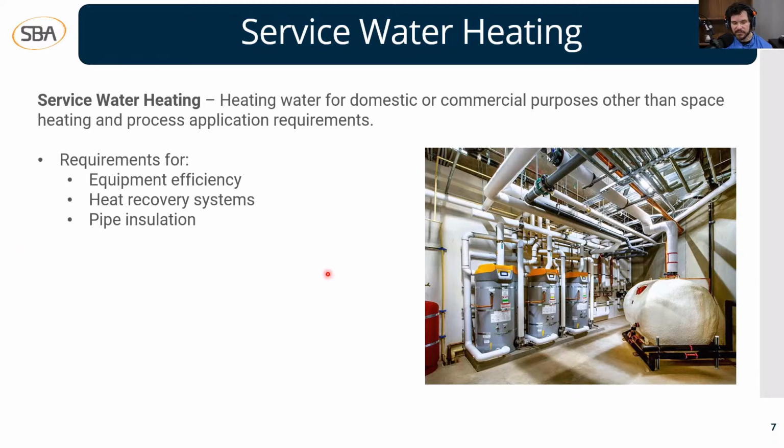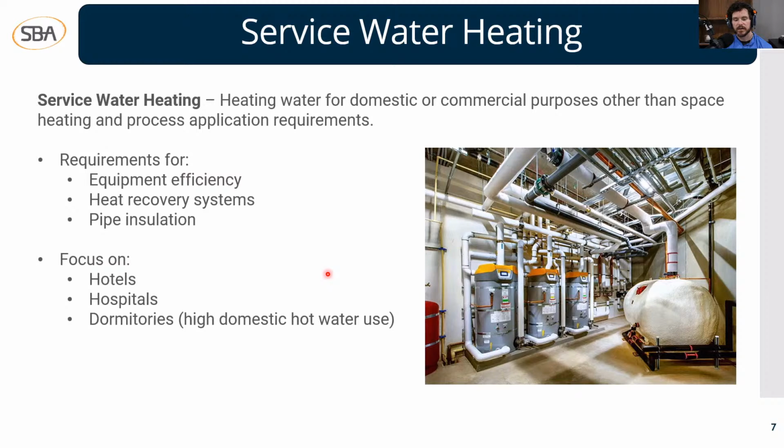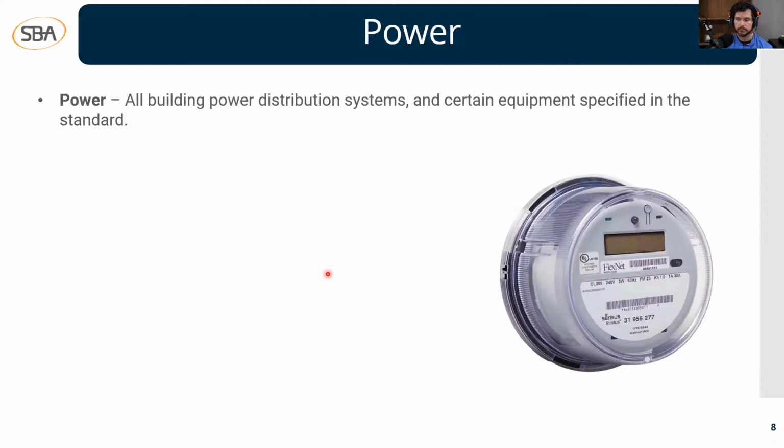So why does this matter? In a hospital, domestic hot water can be 15 to 20% of the total energy used in the entire building. So focusing on the energy here is very critical.